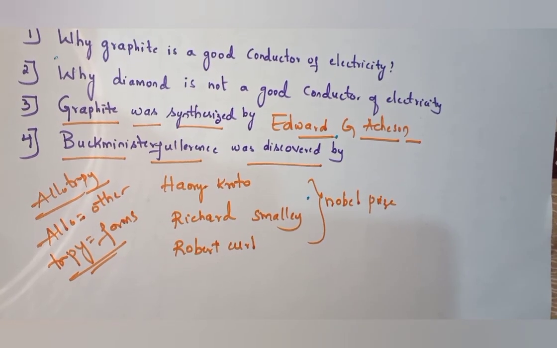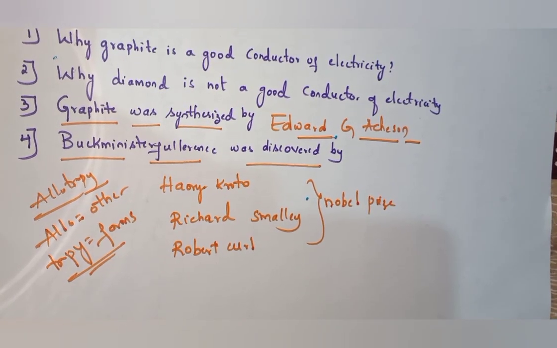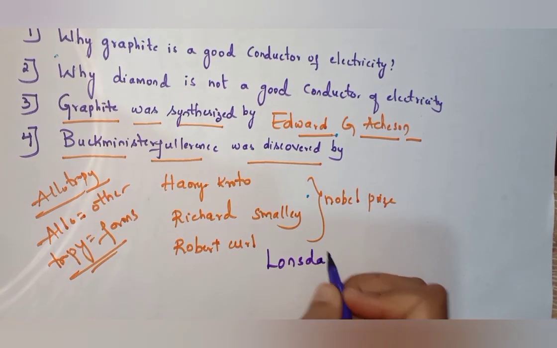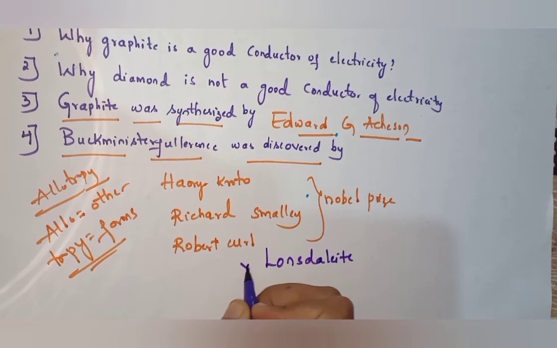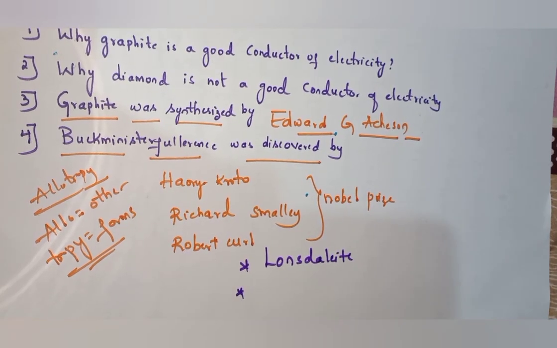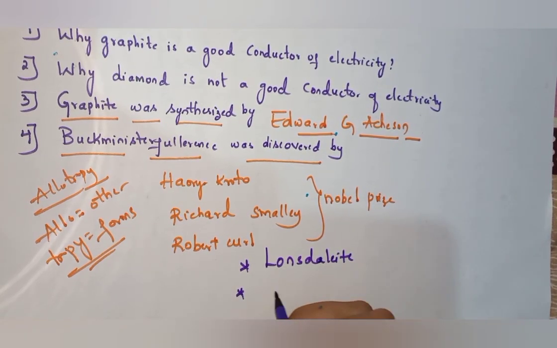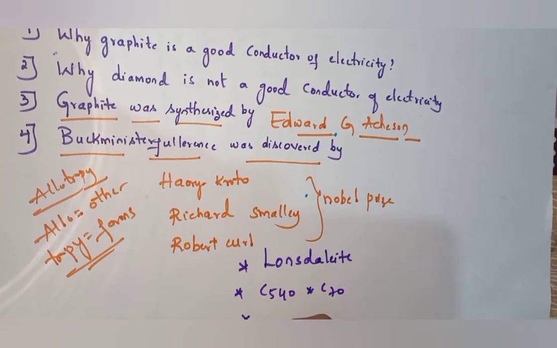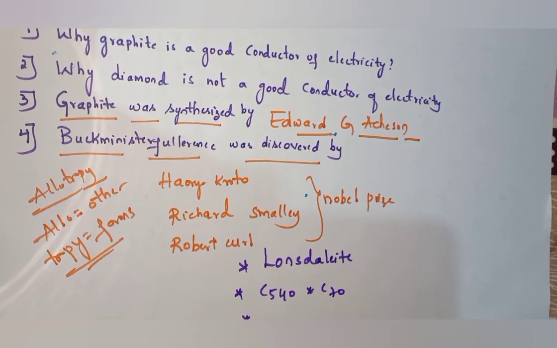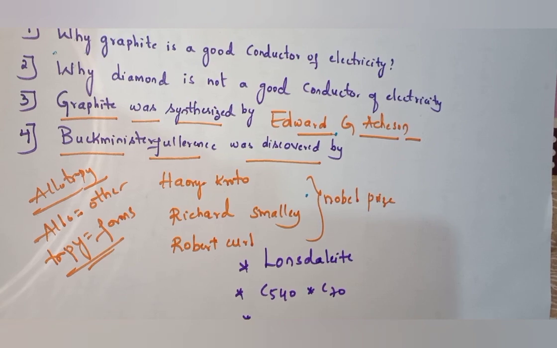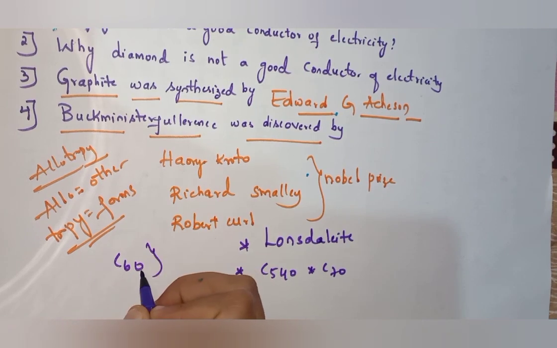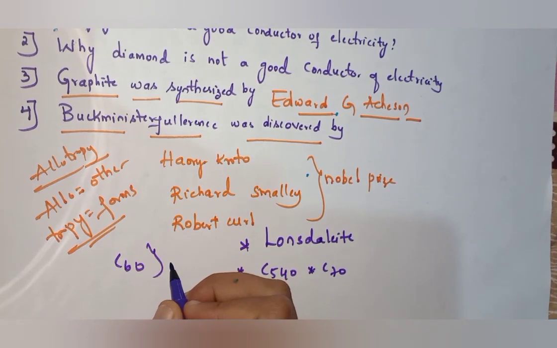And I will say the examples of other allotropes of carbon, that is lonsdaleite, C540, C70, single-walled nanotubes or bucky tubes. And remember that C60 is also called as buckyball.